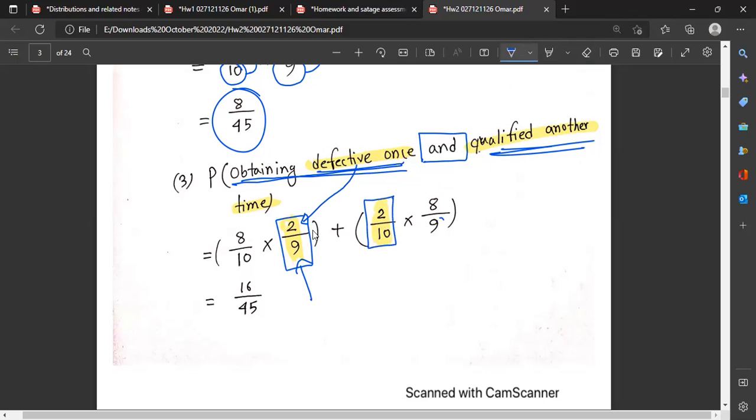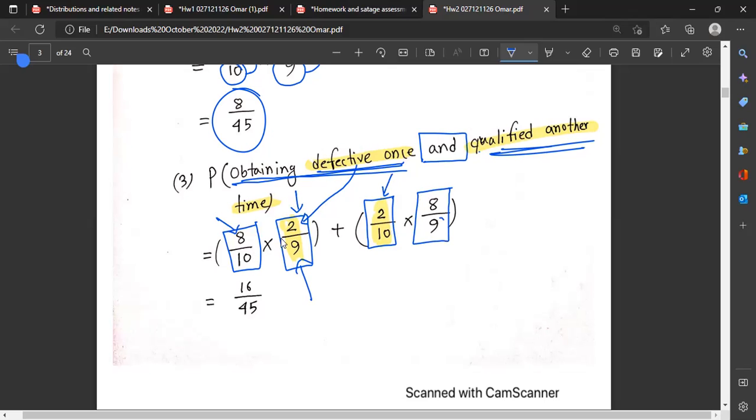The same way. So here we take qualified for the first time, but here we take qualified for the second time. It's like vice versa, okay? First time defective for the second time, and then second time defective for the first time.